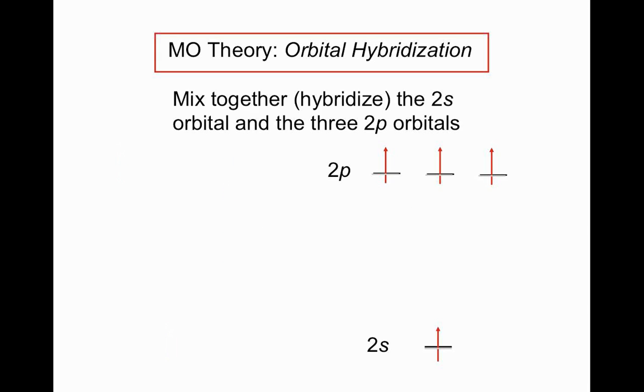These four orbitals can now hybridize, or mix together, to become four new orbitals of degenerate energy. And each of our four electrons from the original atomic orbitals can now occupy one of the new four hybrid orbitals. Here we now have four equivalent half-filled orbitals that can each form one CH bond in a manner that's consistent with the observed number of bonds in methane.